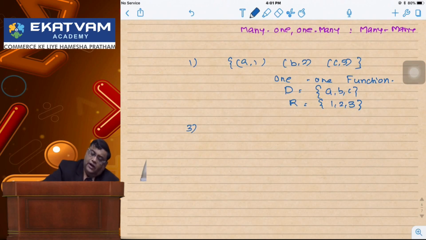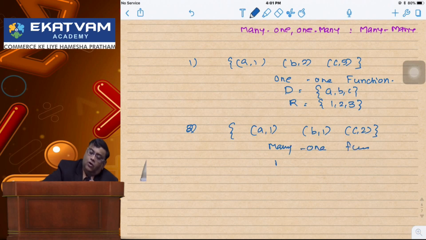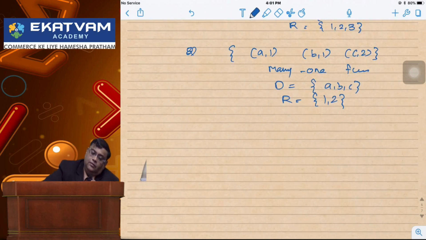Tell me, if I write A to 1, B to 1, C to 2, then what is this? This is a many-one function. What is the domain? A, B, C. But what is the range? That's just 1, 2. Clear?